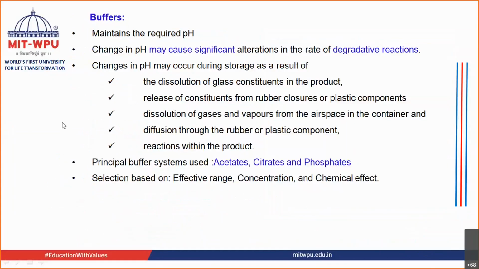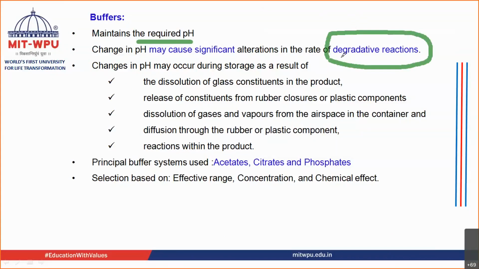Moving further, the next ingredients that are used inside the parenteral preparations are buffers, okay. So what do the buffers do? The buffers maintain the pH. Why should we maintain the pH? If the pH is not maintained, then it may lead to a change in pH, which may lead to an increasing rate of reaction, okay. Which type of reaction?